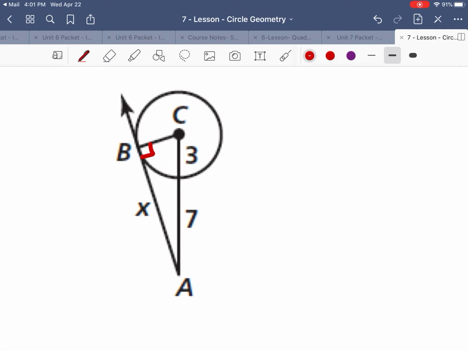Find the value of X. Again, a 90-degree angle here. Now, a little bit of a twist on it, because now we're not dealing with angles, we're dealing with sides. But we do know that in a circle, a radius is going to be the same as every other radius within that circle. So that's also going to be 3.